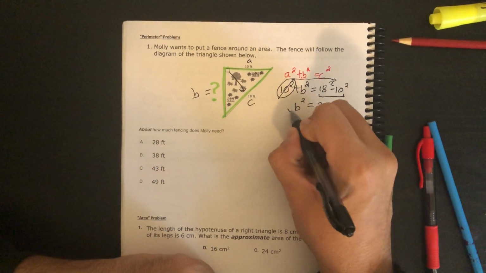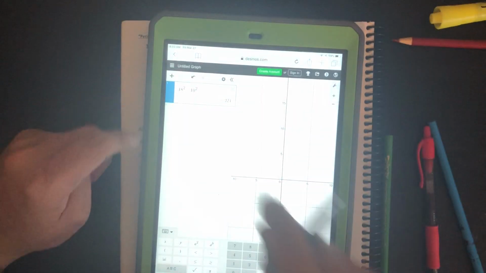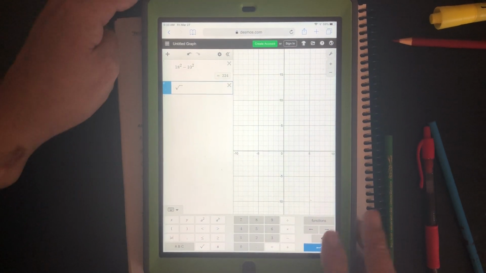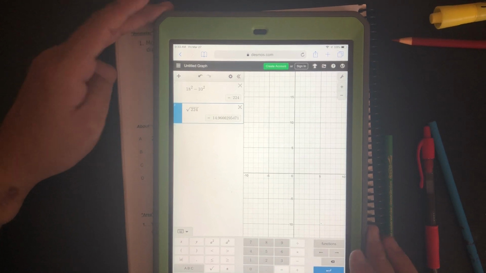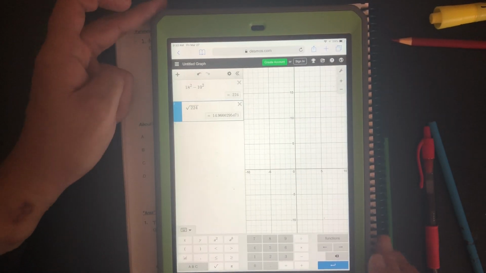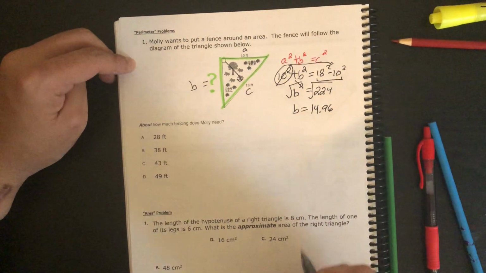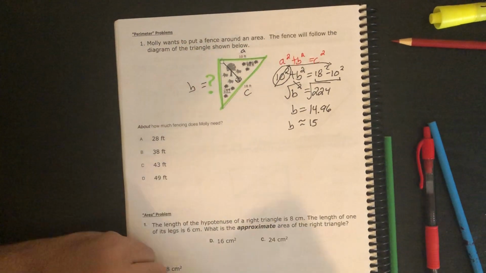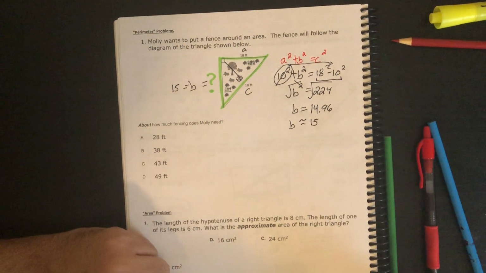Now the opposite of a square is square root. Remember that square root symbol is all the way down here, okay? Square root of 224, which is 14.96. So I'm just going to round this to 15. So that means on this side of the triangle, I'm going to need 15 feet of fencing.